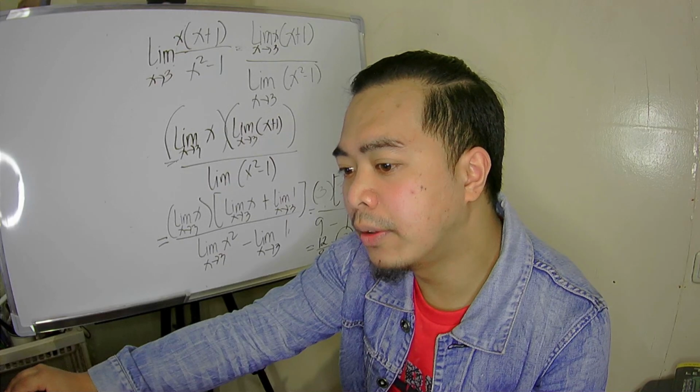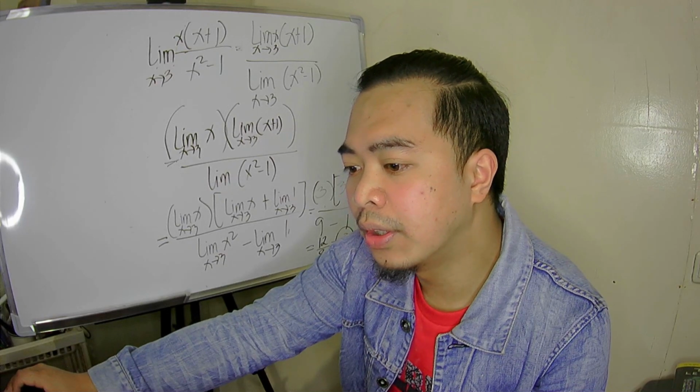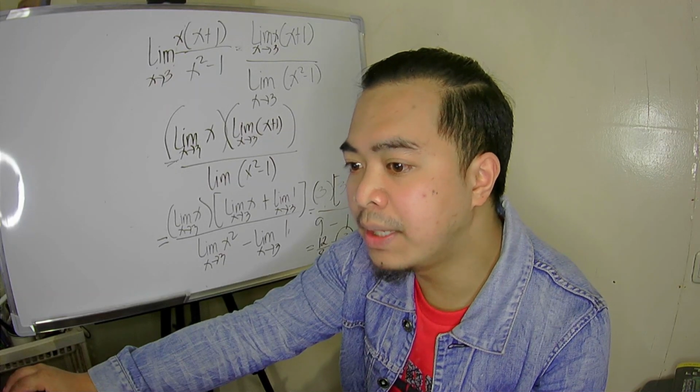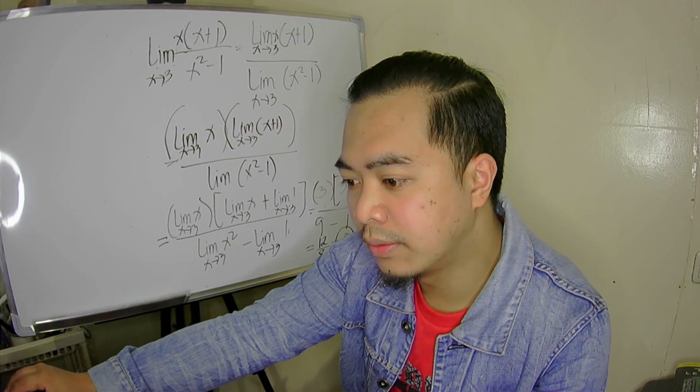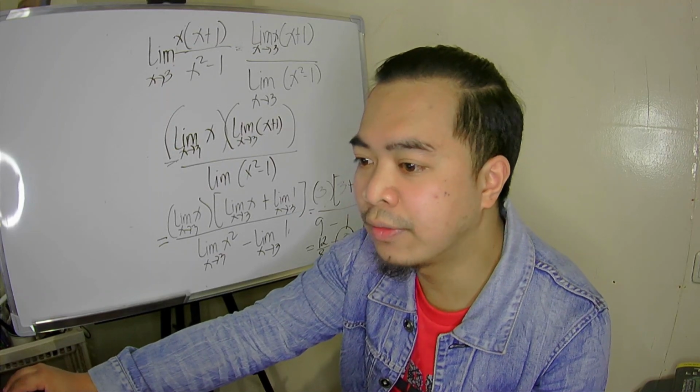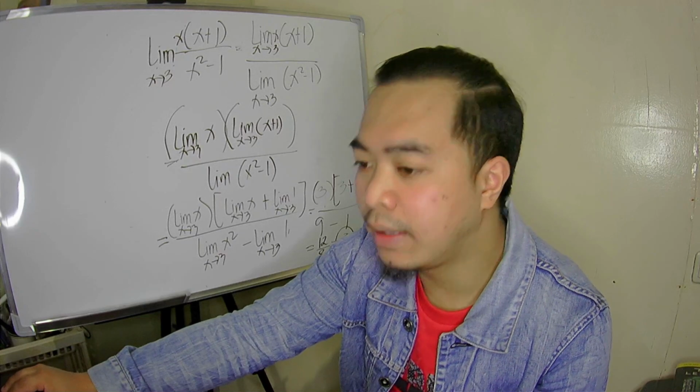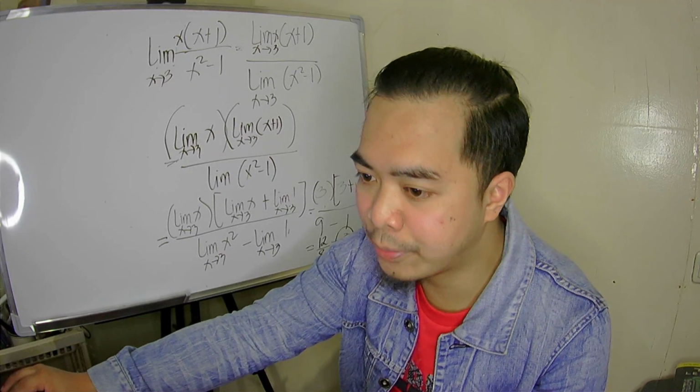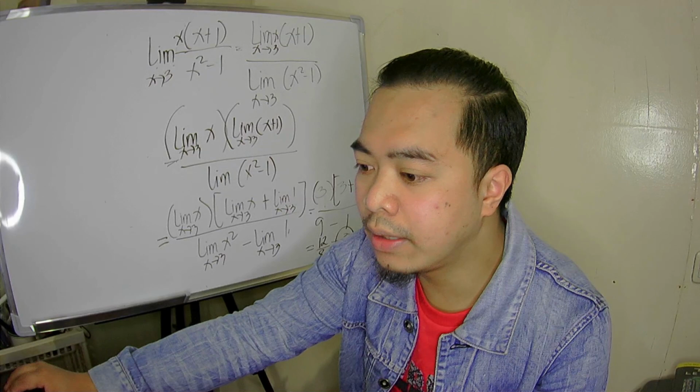So, for example, I am on page 10. What does it say in the first strategy? Of course, use the properties of limits whenever applicable. Yes. What is the second?